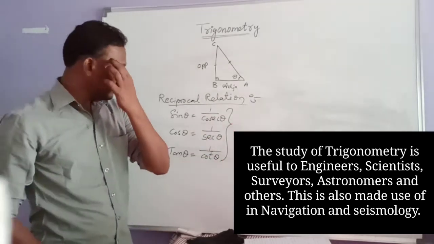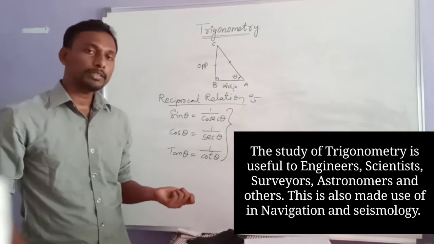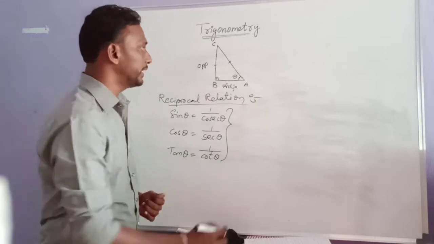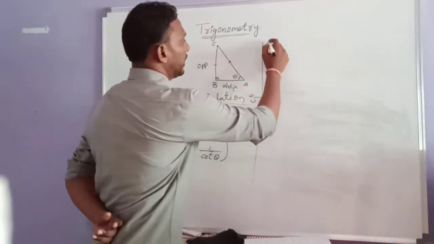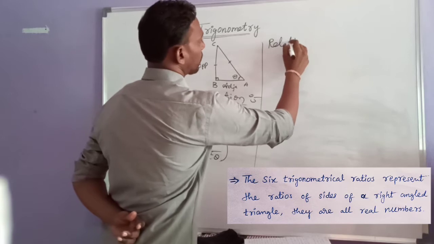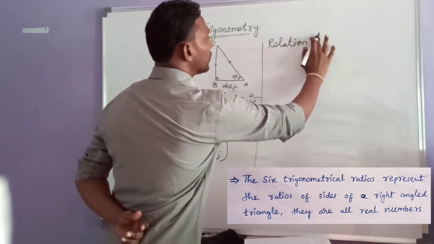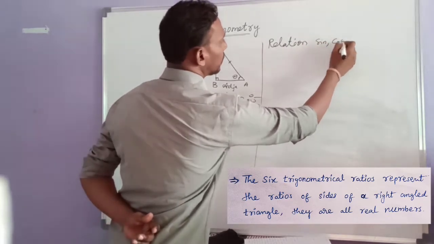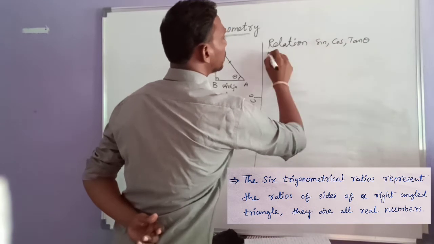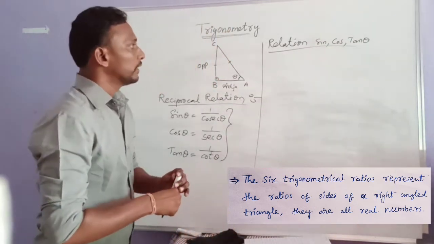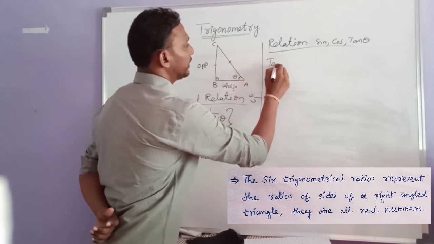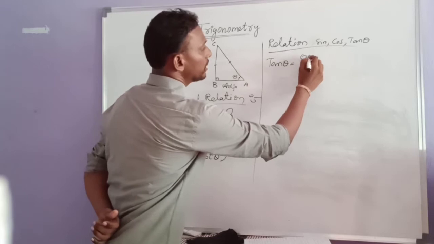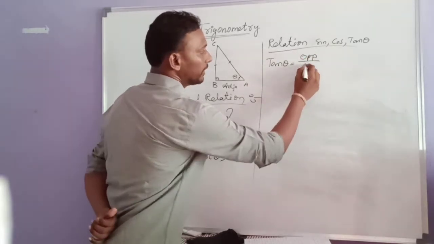So once again observe here the relation between the sin, cos and tan. What relation will we get here? So we know that tan theta is equal to opposite side by adjacent side.